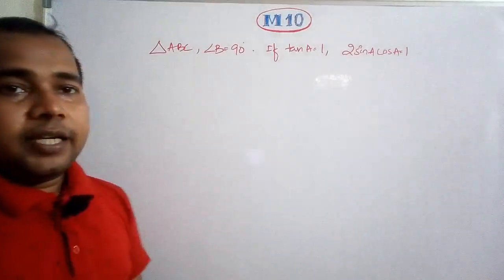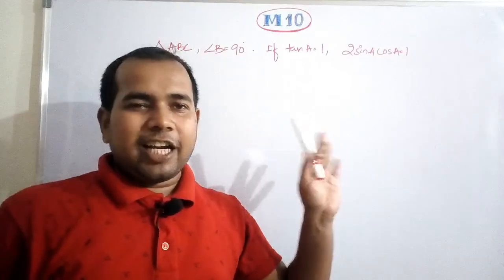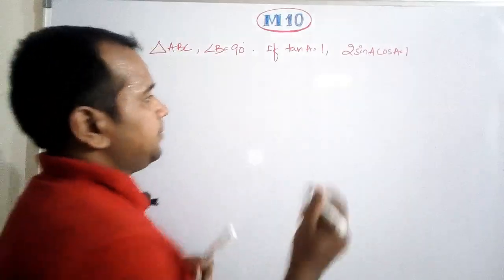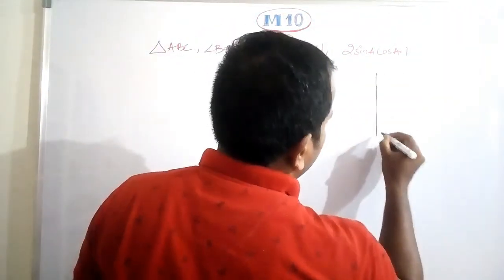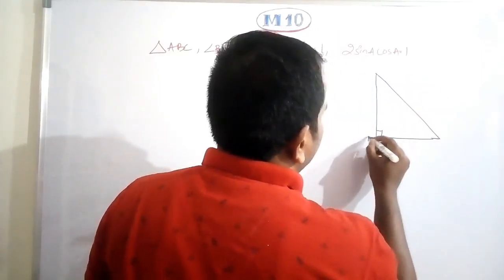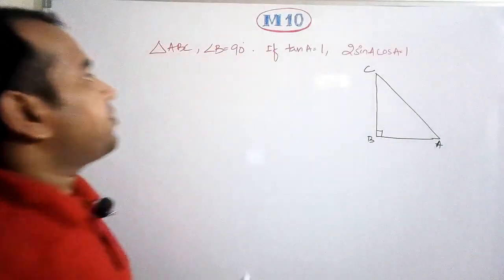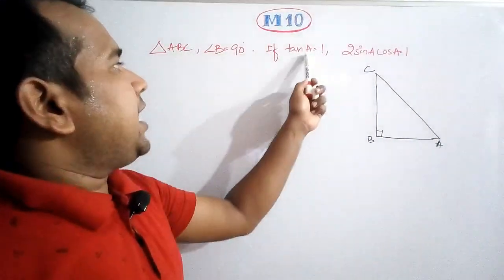So what is given here? In a triangle ABC, as it is given that there is a triangle ABC, first of all draw the triangle ABC, right angled at B. Let's say this is A, this is C. It is given tan A equals 1.